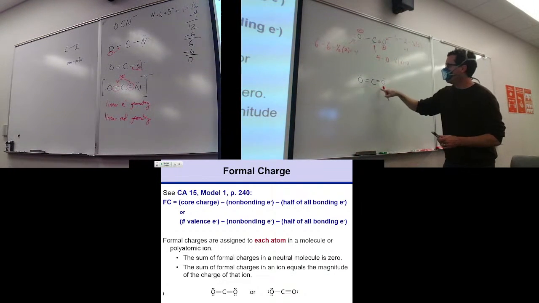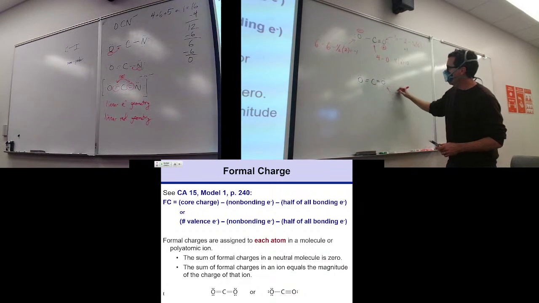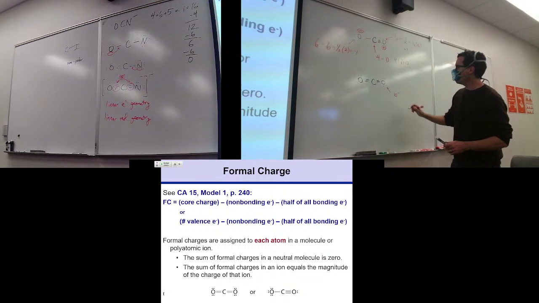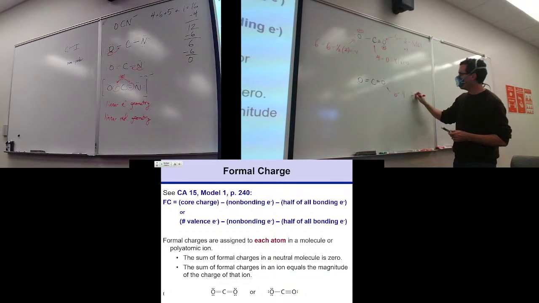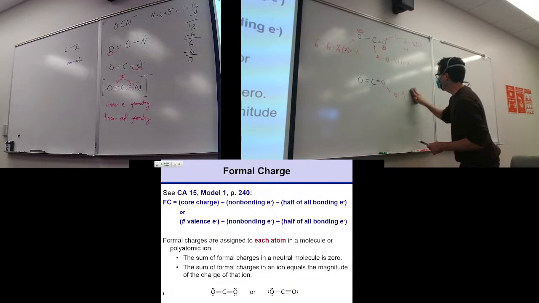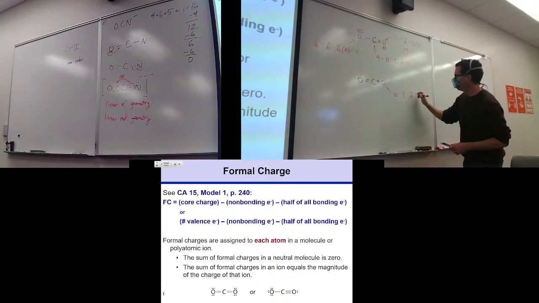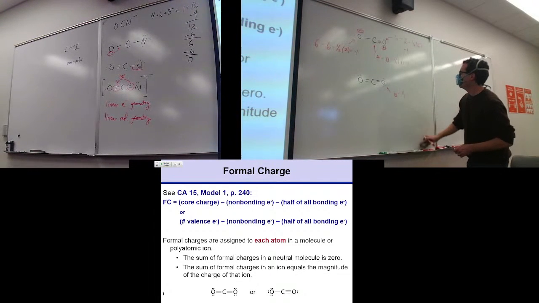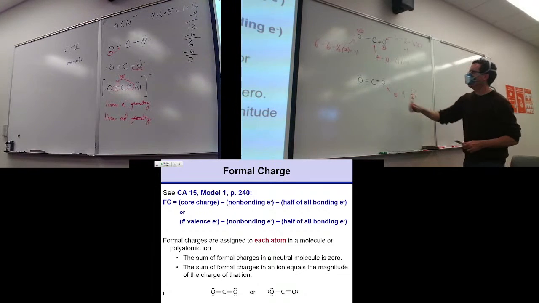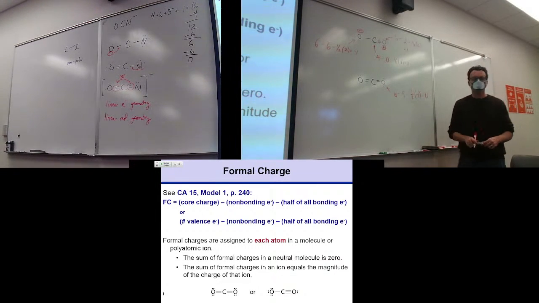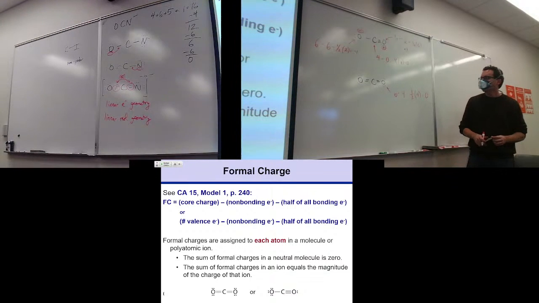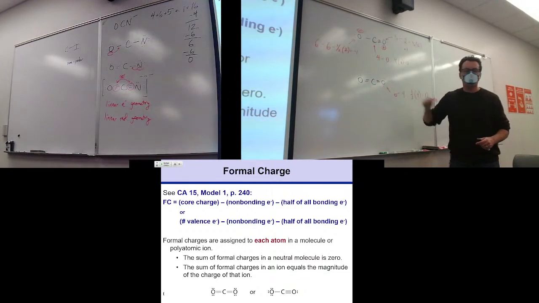And these 2 oxygens are the same kind of oxygen, so I'll do it once. 6 minus 4 lone pair electrons, minus half of the bonding electrons. There's 4 bonding electrons. That adds up to 0. So everything is 0 formal charge here.